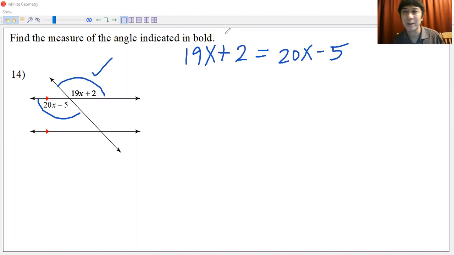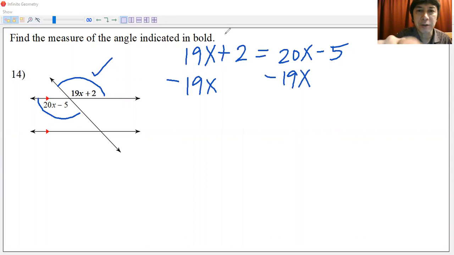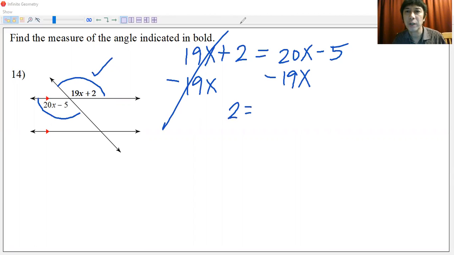So we will use that later. All right, let's solve first. Minus the smaller, 19x minus 19x to both sides. This zeroes out, and we have just 2 at the left side. All right, 20x minus 19x is 1x, or simply x, but we still have the minus 5 over here.